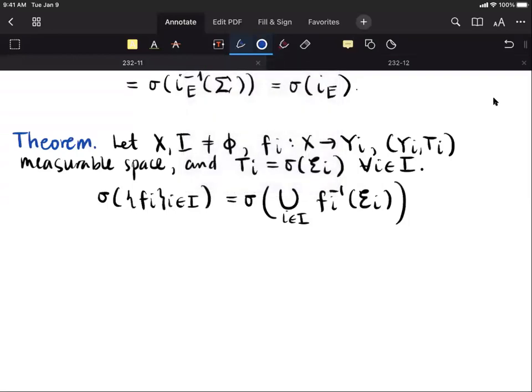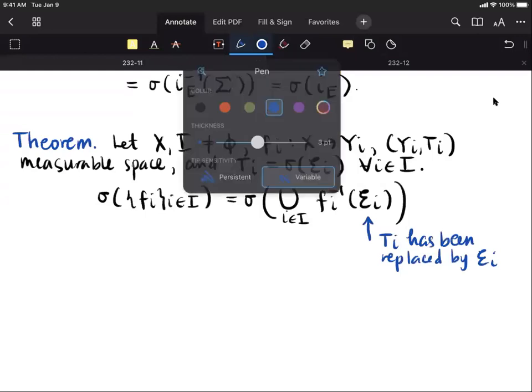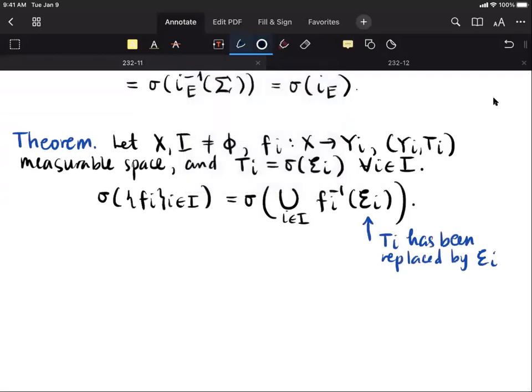So here, T sub I has been replaced by the generator. In the definition, instead of the generator, we have the sigma algebra T sub I. But according to this theorem, we can replace the sigma algebra by the generators.